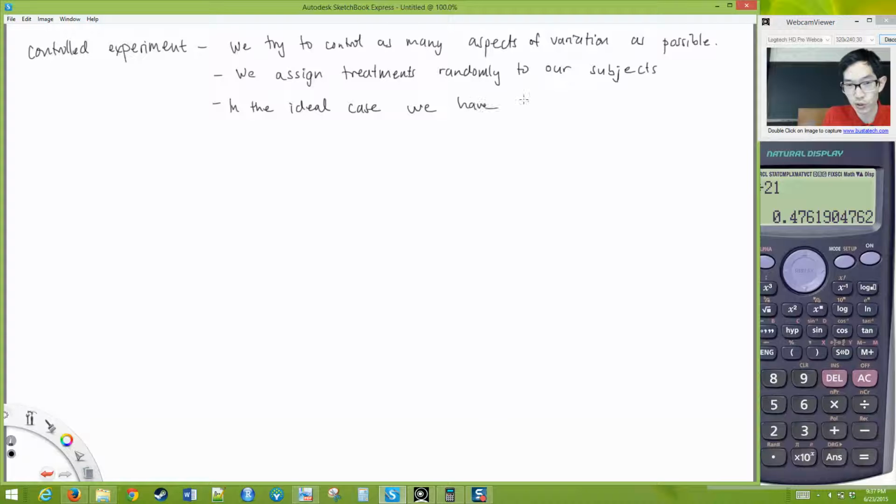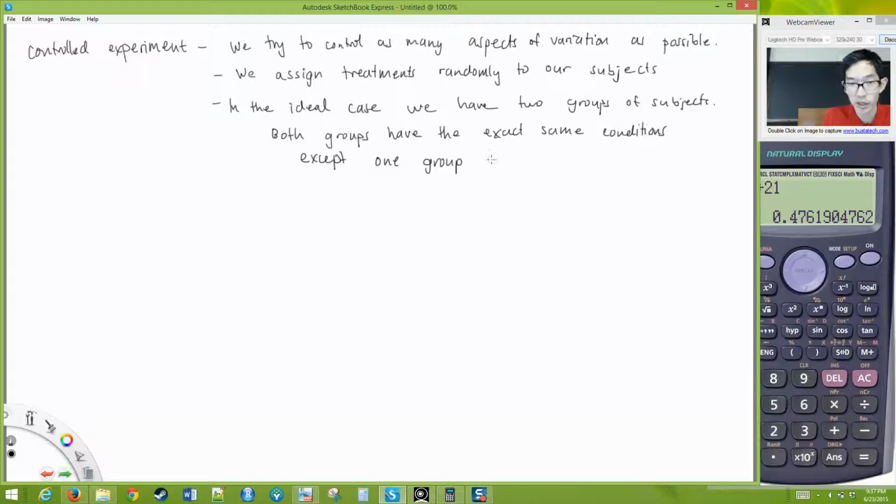we have two groups of subjects. Both groups have the exact same conditions except one group has treatment 1 and the other group has treatment 2.